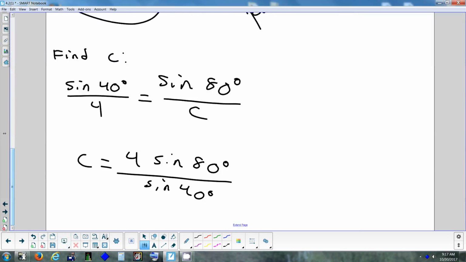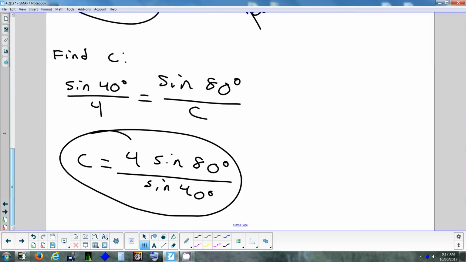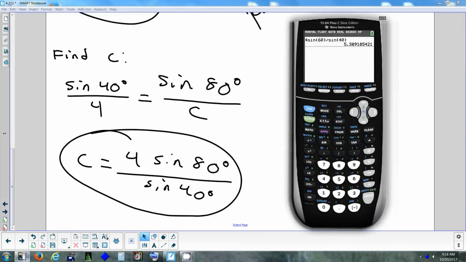If you don't like it that way, you can show out the cross multiplying every time. But if you just show that on the test, that's fine too. And that's it. That's C. Any questions on how I got C by itself? Since I didn't show out the cross multiplying. Okay, so let's type it in and see what we got.